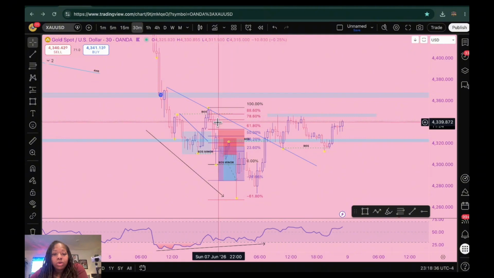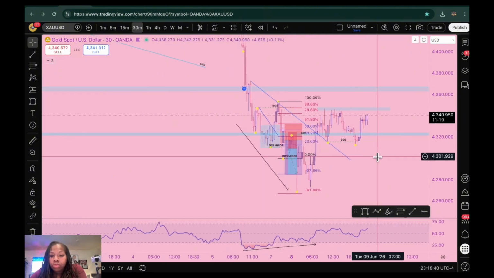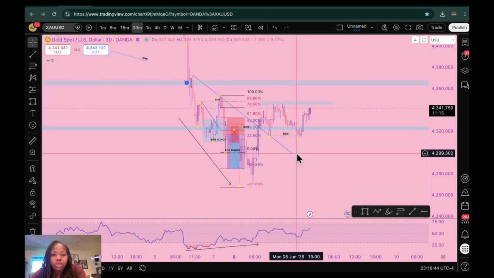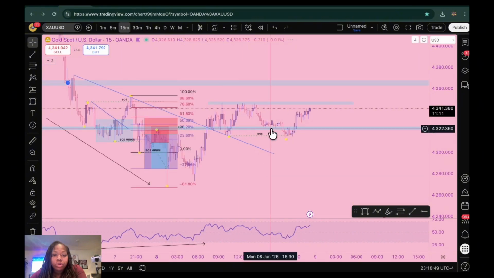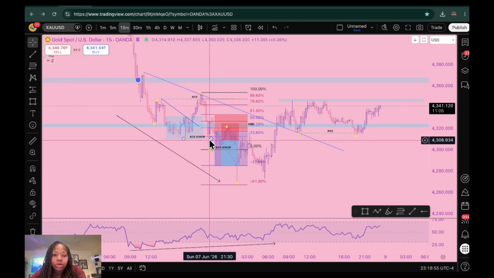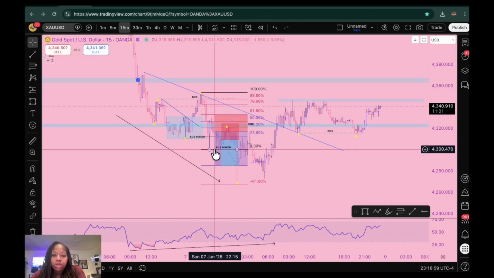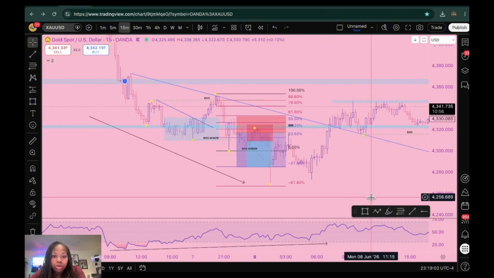But anyway, so on this one, price, we was respecting this downtrend here, and then we had a minor break of structure on a 15-minute. We had broke this consolidation. We had a minor break of structure here, and then I put my fib from point A to point B here, so y'all can see it.